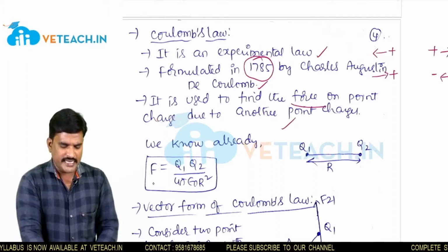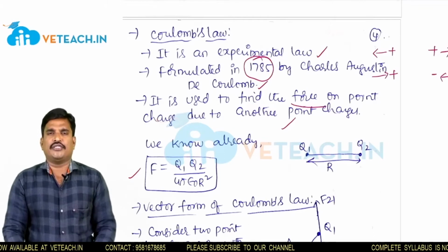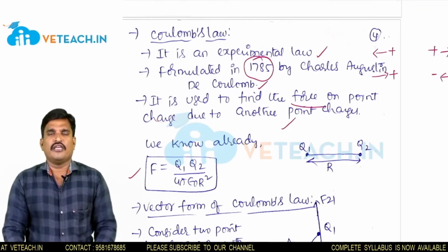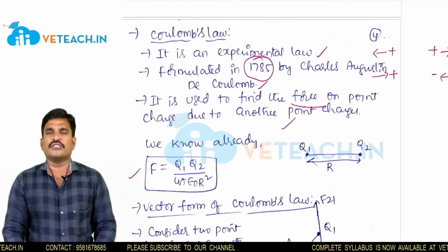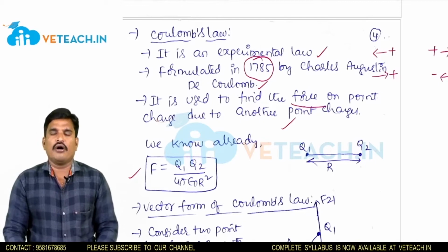This expression we already know from intermediate, and we are familiar with it: F is equal to Q1 Q2 by 4 pi epsilon naught R square.